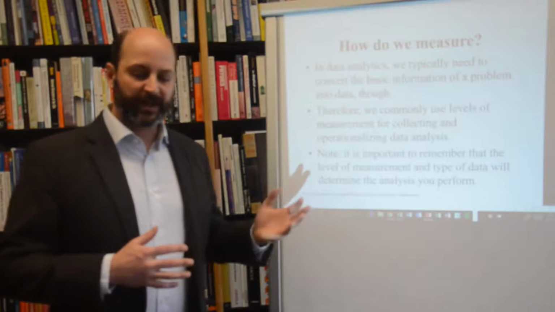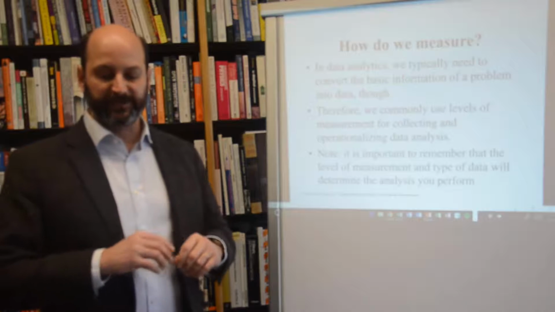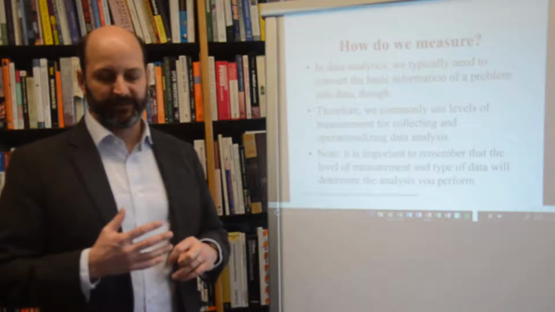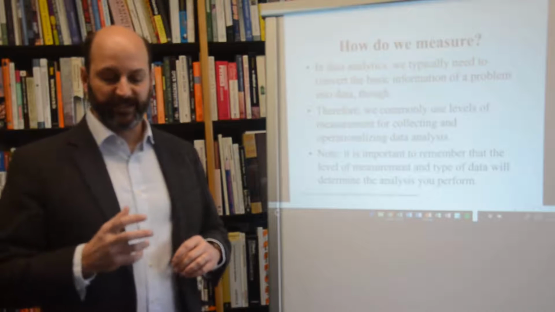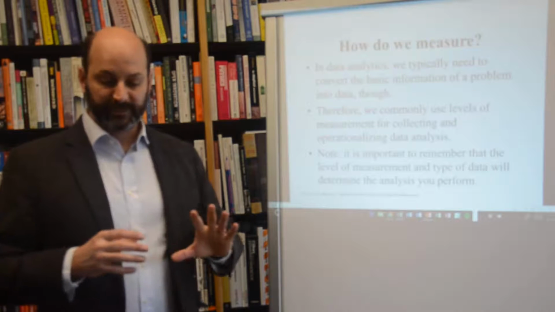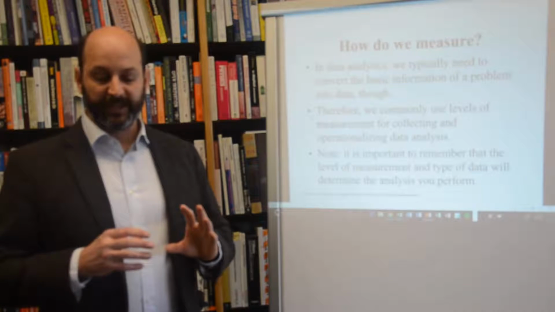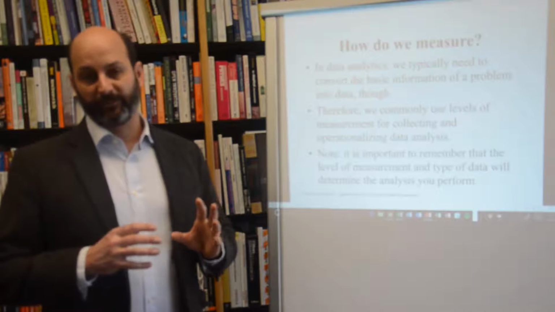All right, so let's now talk about how we measure. In data analytics, we typically need to convert the basic information of a problem into data, right? So we commonly use levels of measurement for collecting and operationalizing data analysis. It is important to remember that the level of measurement of data and type of data will define the analysis you perform, right?